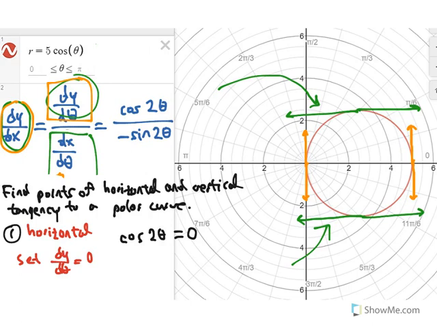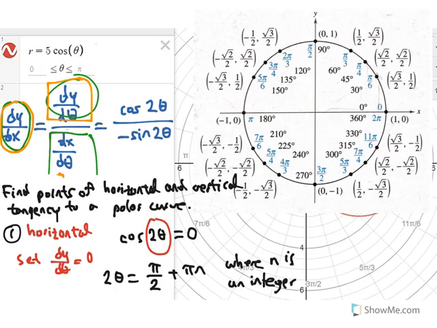So we begin by finding our points of horizontal tangency. We can begin by setting dy/dθ equal to 0 and solving for the angle. So we want to solve for the angle 2θ that would make cosine equal to 0. Remember that cosine of an angle of revolution is equal to the x-coordinate of the corresponding point on the circle.